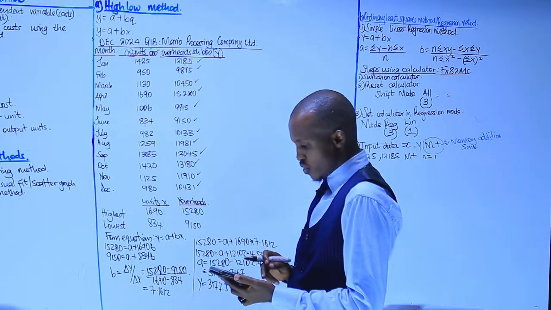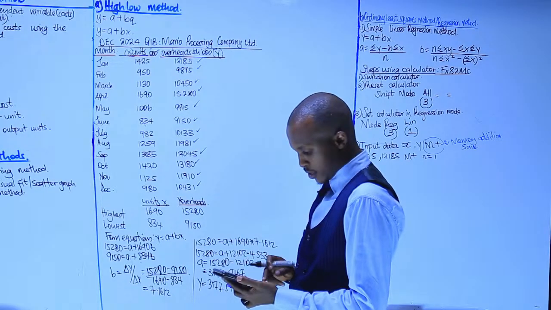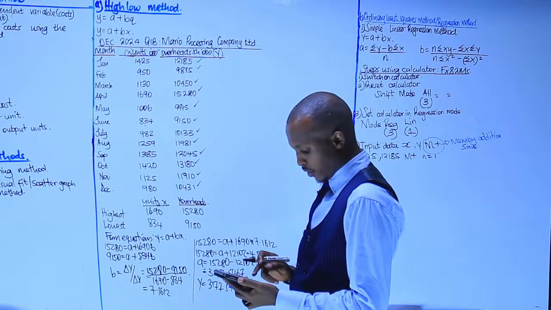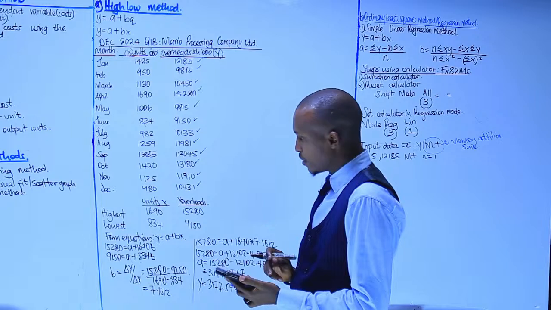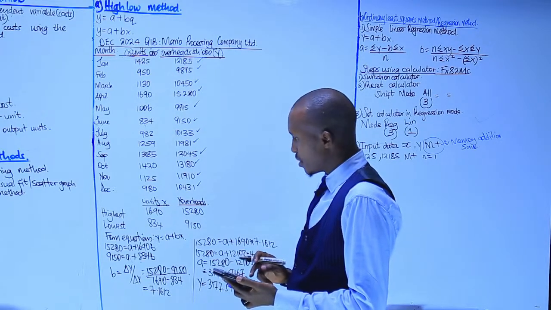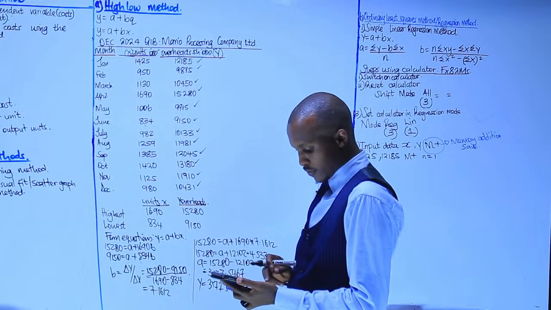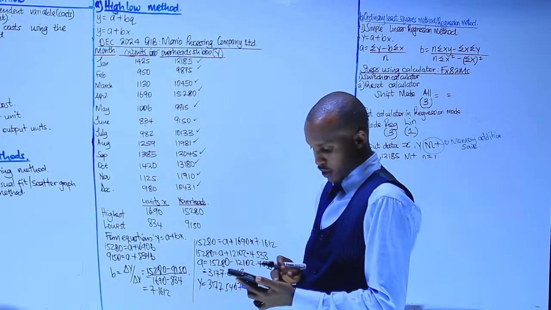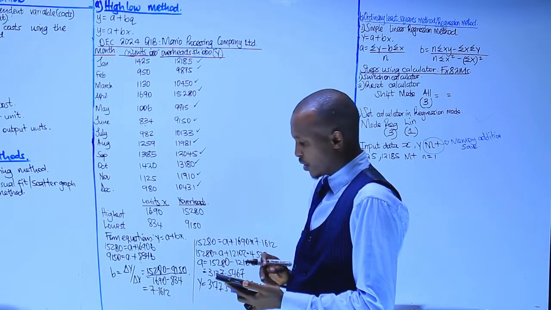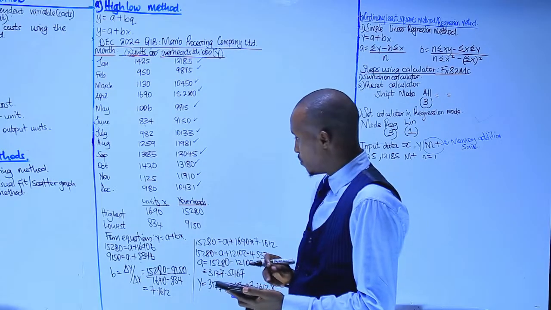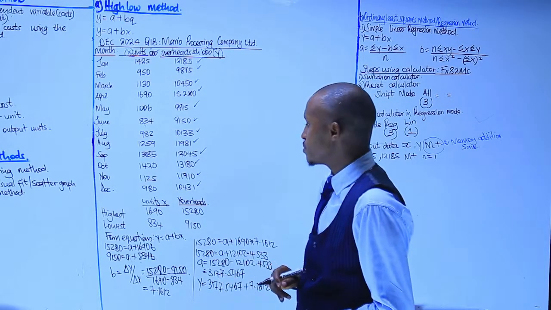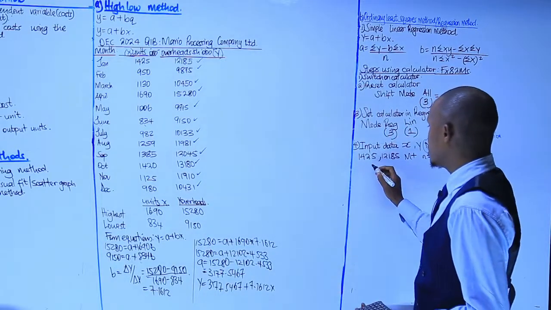1006, comma, 9915, M plus. 834, comma, 9150, M plus. 982, comma, 10133, M plus. 1259, comma, 11981, M plus. 1385, comma, 12045, M plus. 1420, comma, 13180, M plus. 1125, comma, 11910, M plus. 980, comma, 10431, M plus.